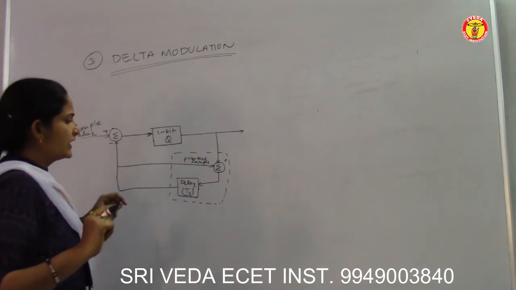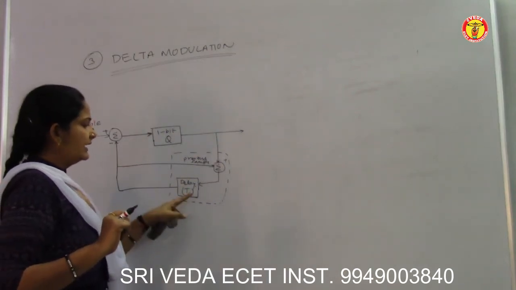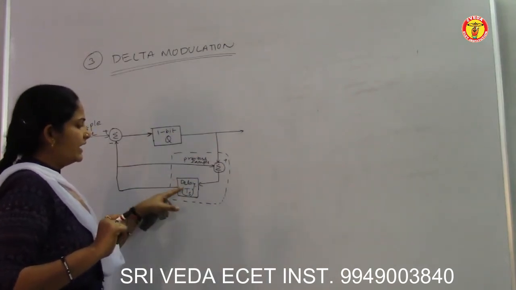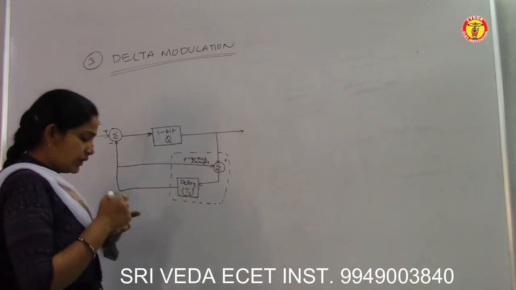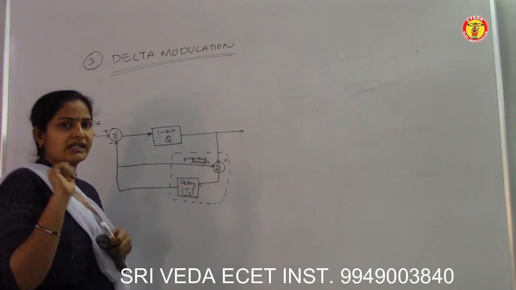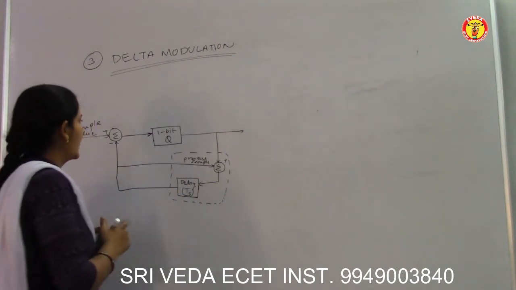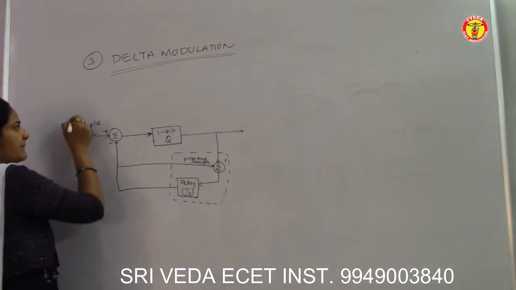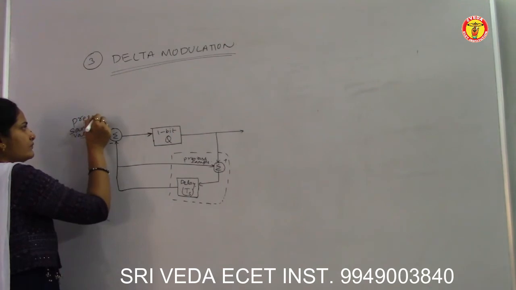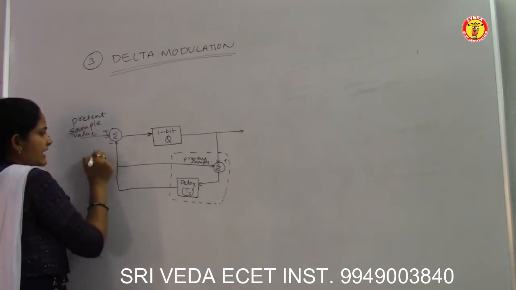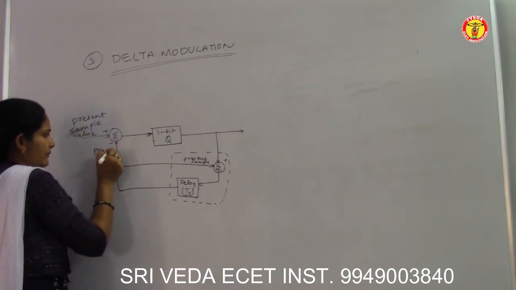In DPCM modulation, we have got a filter here, but here instead of that we are using a delay circuit. In order to compare both the present and the previous sample value, I am using this one. So this is my present sample value, and this is my past or previous sample value.